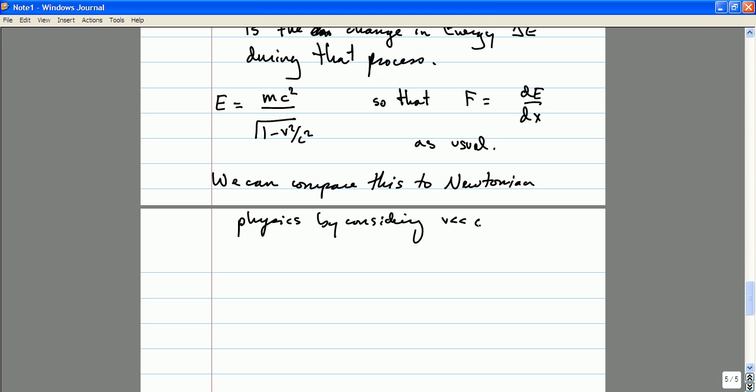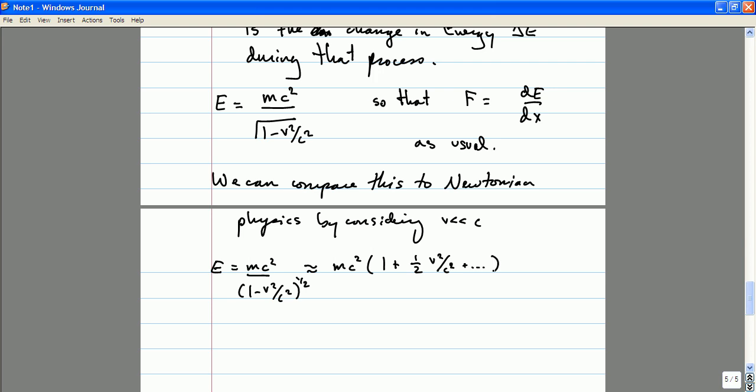So then the energy, which is mc squared over the square root of 1 minus v squared over c squared, can be Taylor expanded. So we just Taylor expand the denominator in powers of v over c. So we get 1, plus 1/2 coming from the Taylor expansion of 1 over the square root, v squared over c squared, plus higher order terms.